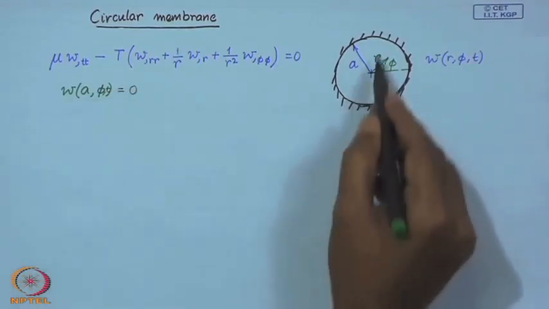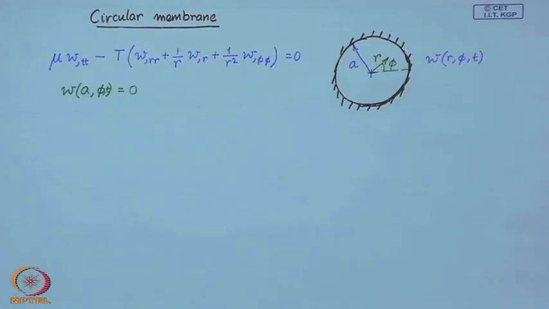The displacement on the boundary is 0. So, we will be looking at the modal solutions of the circular membrane.